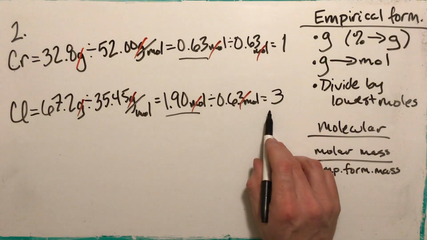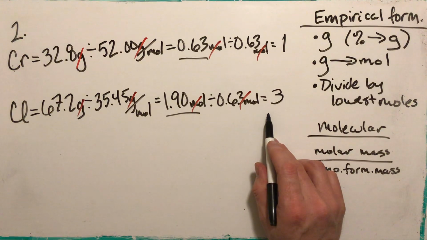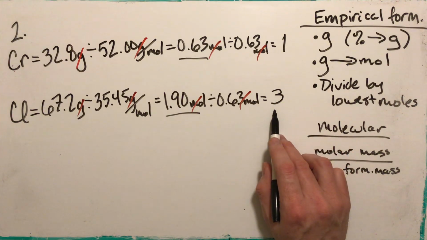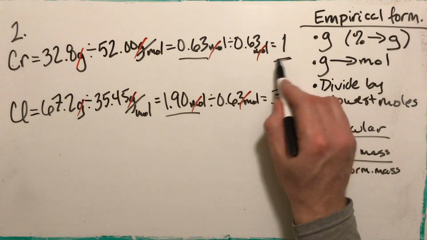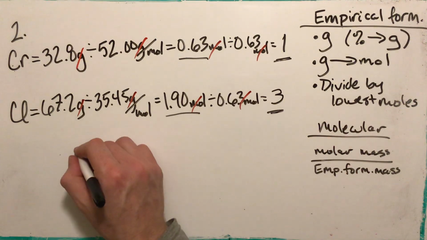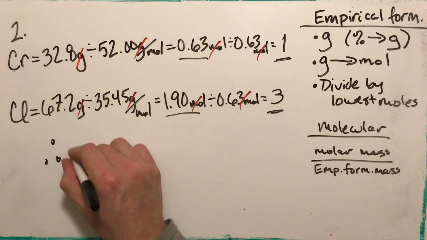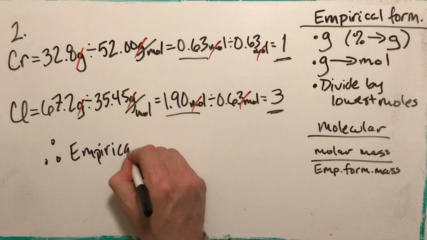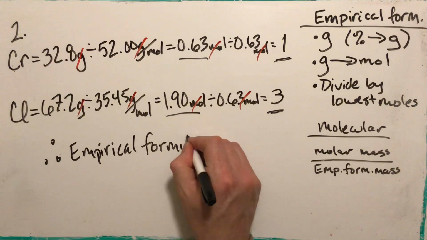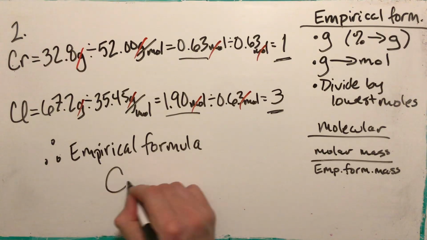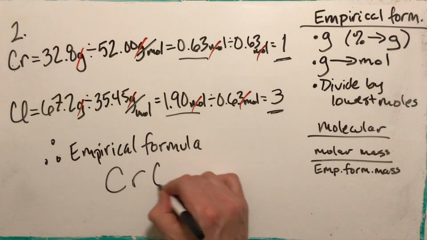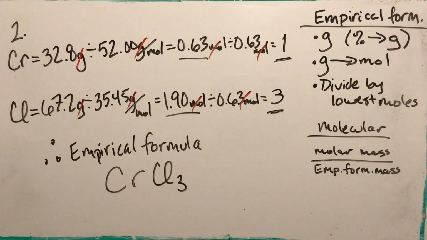Now, if you get 2.99 or 2.98 or 3.02, whatever it happens to be, we round these off because these are going to be the subscripts in the formula. So I'm using these two numbers as the subscripts. The empirical formula is Cr, I don't show the 1 even though we know it's there, Cl3.